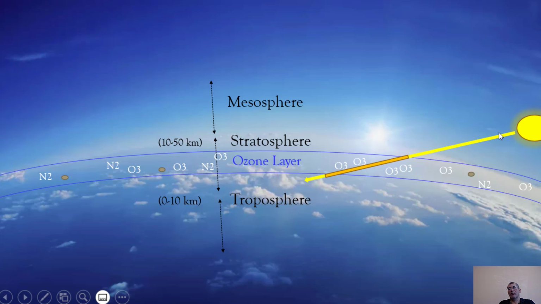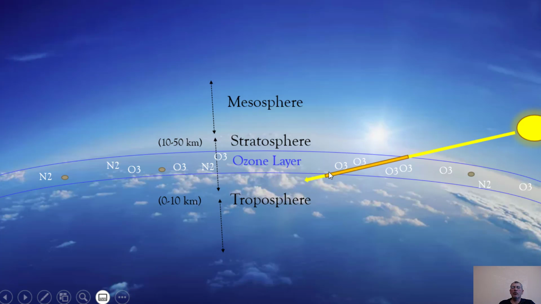Now I want to explain this phenomenon by looking at the elevation of the sun. In this scenario, the sun is maybe 8 or 10 degrees above the horizon.